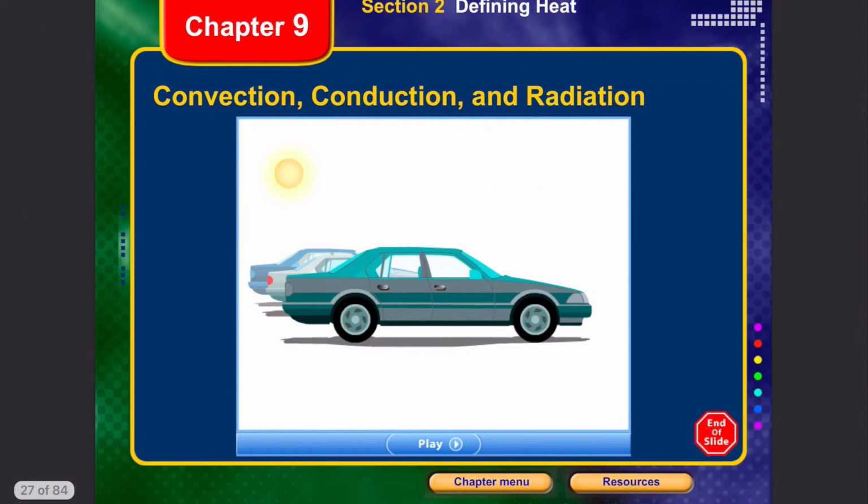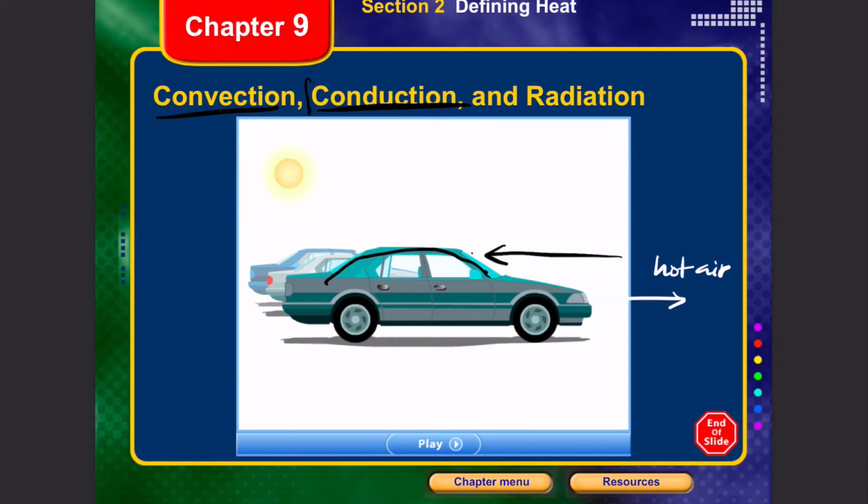So these are the three forms of heat transfer. Let's consider each one. When you're driving a car, hot air molecules strike the car, which results in conduction. The hot air molecules continuously hitting your car result in convection, as these molecules are transferred from one part of the car to all parts of the car.